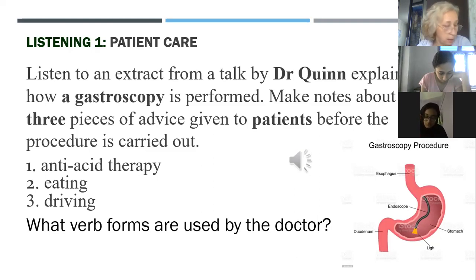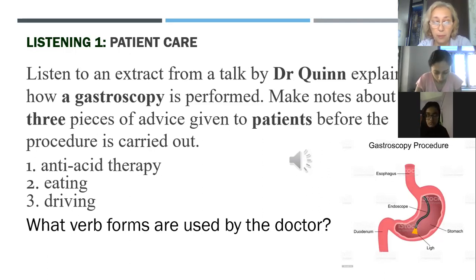Yes. Okay, now let's listen to Hepzibah about eating. What does the doctor say about eating? Yes, ma'am. For eating and drinking, the patient is advised to take nil by mouth for 8 hours before the procedure is done. Yes, and what about water?